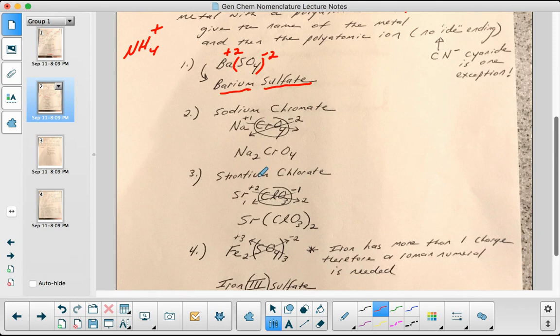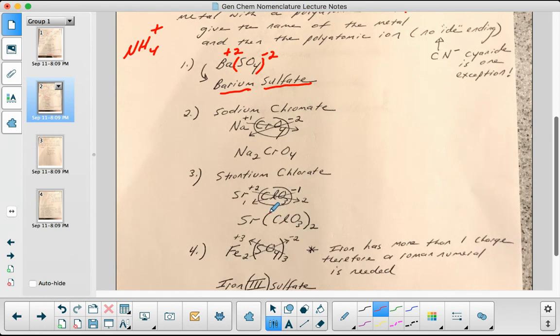And then another nice example is this strontium chlorate. Strontium's a +2 from the second group. The chlorate ion is a polyatomic. It has a -1 charge. So if I do the crisscross, then I see that I have to have 2 of the chlorate polyatomic ions.